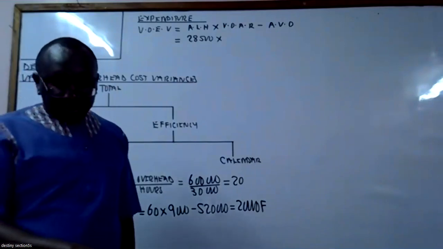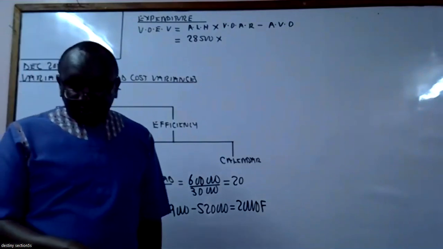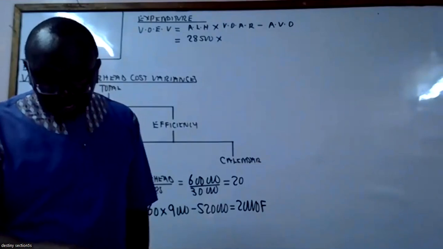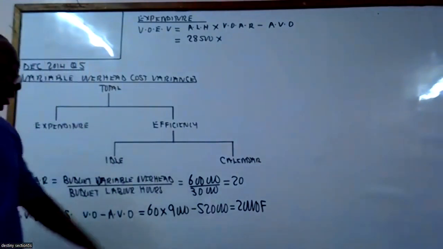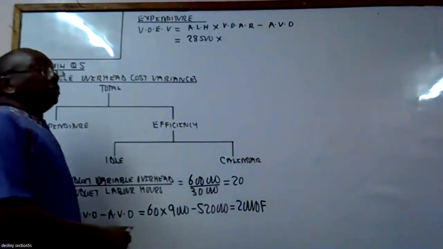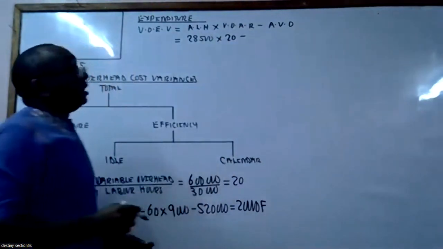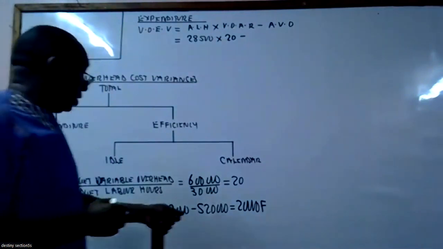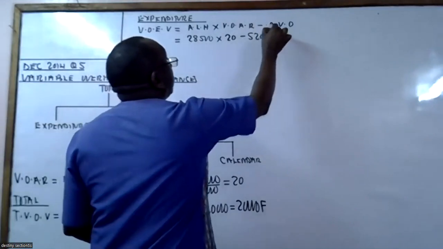If you look at the budget down there, where we have the variable overhead, you can see it is 30,000 hours at 20 per hour. So with that, we multiply by 20. Then we minus the actual variable overheads, which we have said are 520,000.